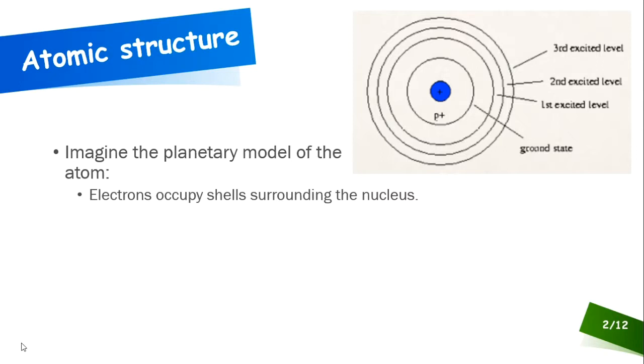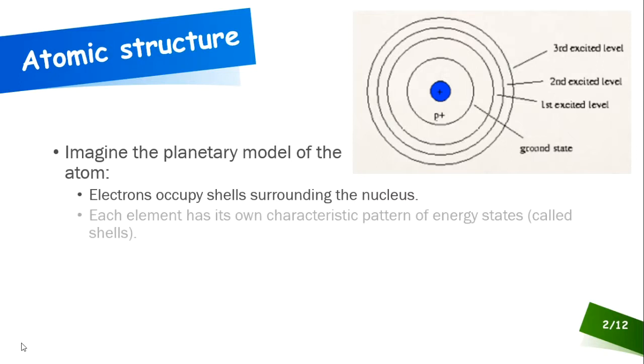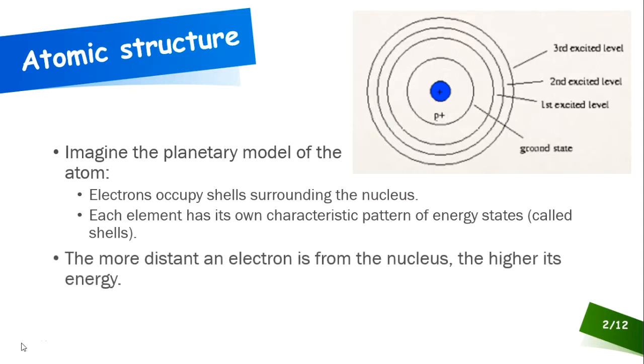So you've got different shells that are surrounding the nucleus. And each element has its own characteristic pattern of energy states, which are called shells. So each of these different shells where the electrons are orbiting around the nucleus have different levels of energy. The more distant an electron is from the nucleus, the higher its energy level.